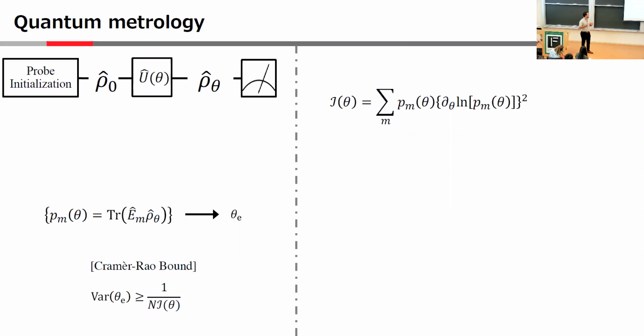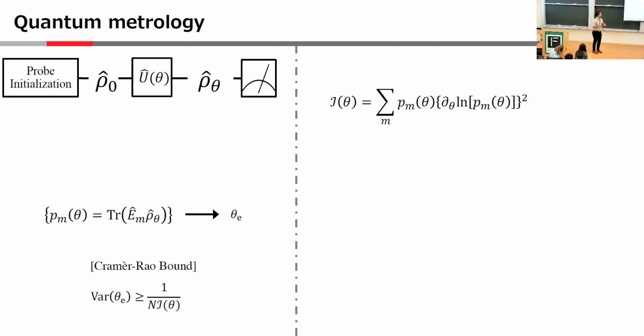And you might then wonder, how good is this metrological scheme? The figure of merit for a single parameter is how large is the variance of your estimate. And if the variance is small, then you have a good experiment for estimating theta. If the variance is large, your experiment is not that good.